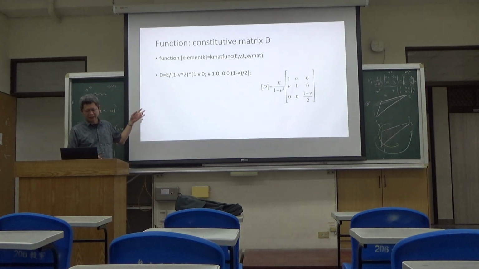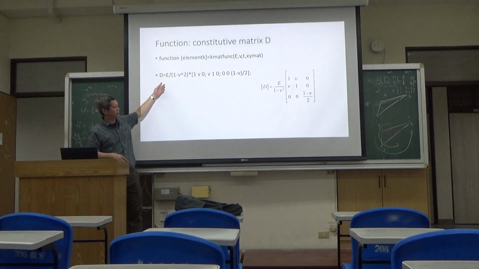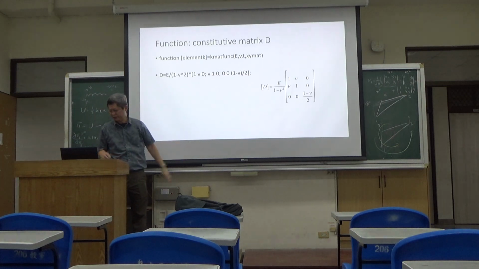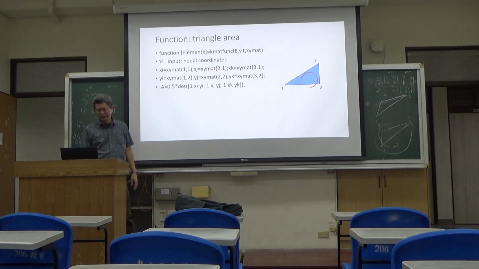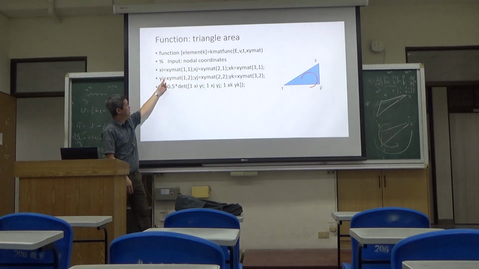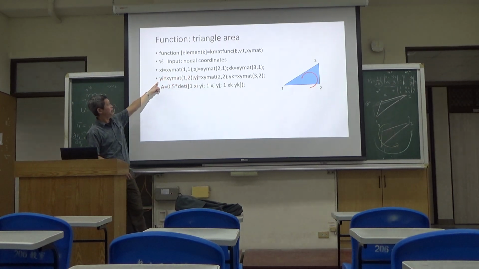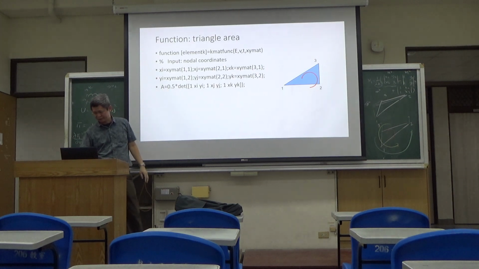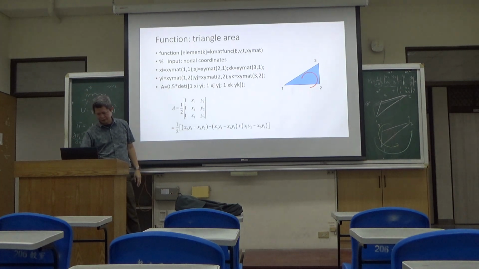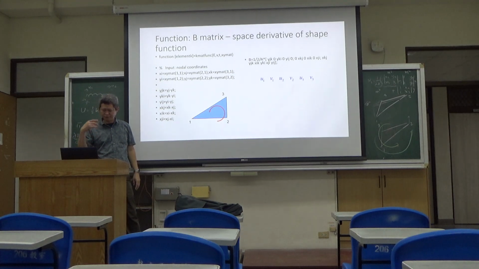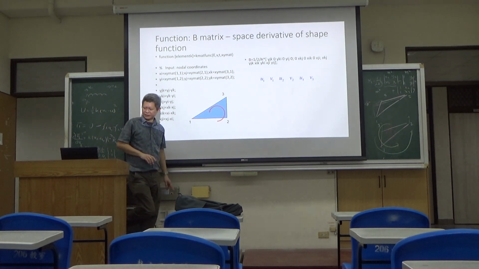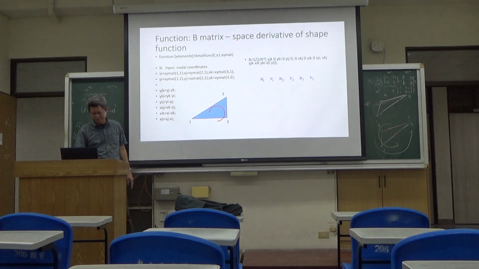It has the constitutive equations, which is the D matrix, the geometry matrix, and then once you get the coordinates, what you need is to calculate the area. And then next, you need to calculate the B matrix.